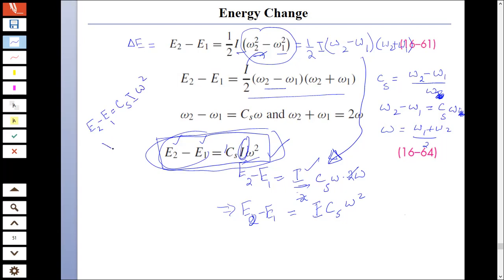Now what is I? I is equal to E2 minus E1 divided by Cs times omega square.